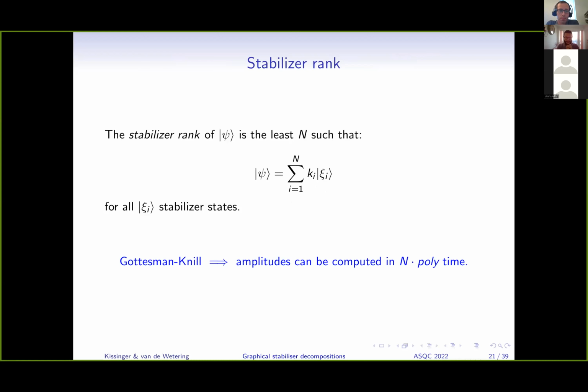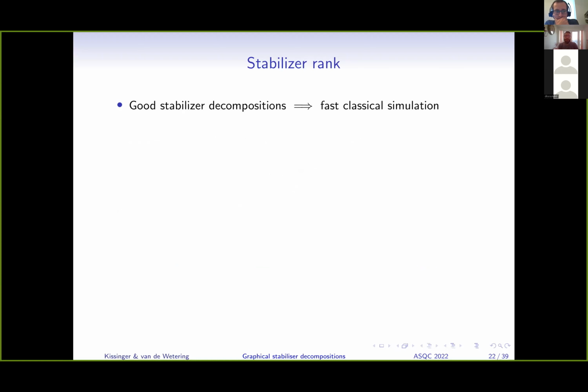In fact, one thing you can see immediately is that amplitudes can be computed in n times polynomial time, because I can use Gottesman-Knill to compute the amplitudes for each of these terms, and then I just sum them all up by linearity. So coming up with good stabilizer decompositions gives me fast classical simulations.